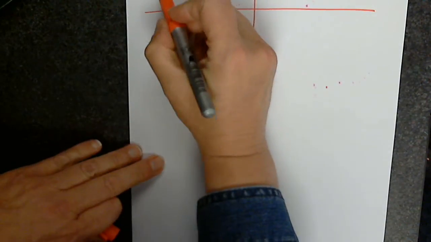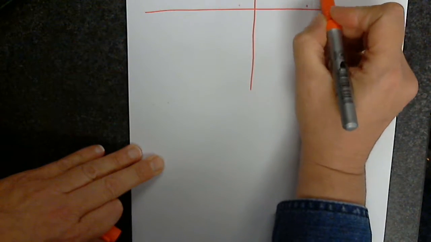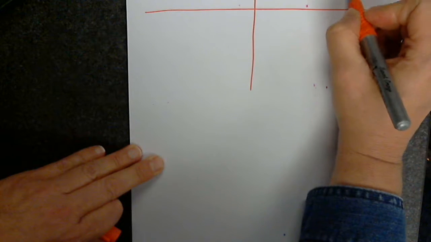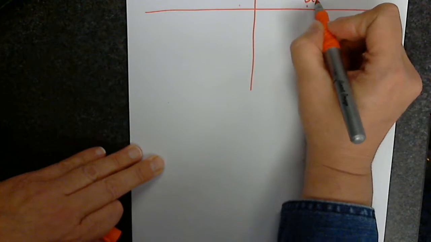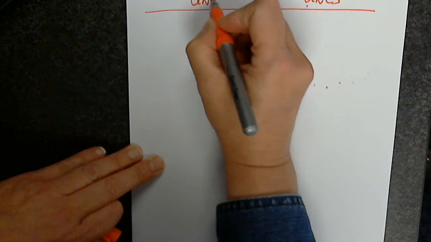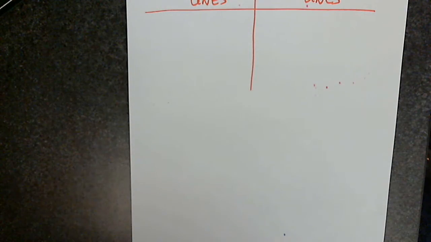So parallel lines, perpendicular lines. So now, please look. These two lines are parallel. What do you think is the relationship between their slopes?